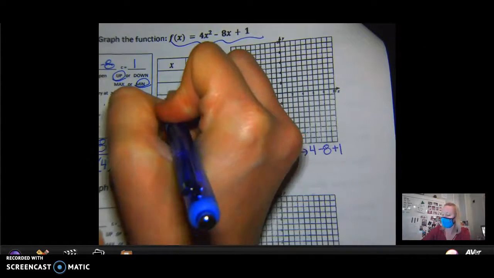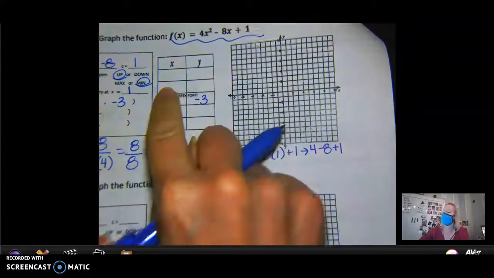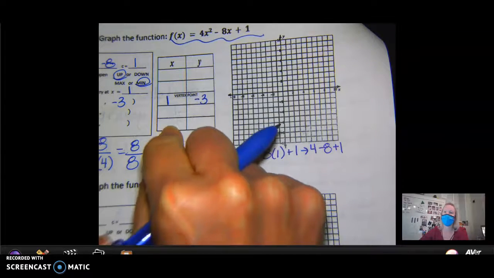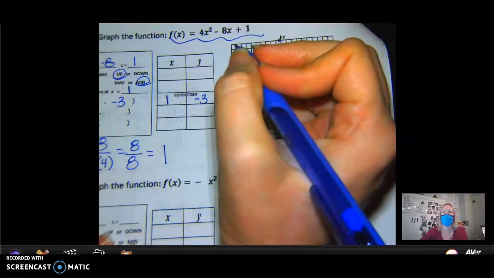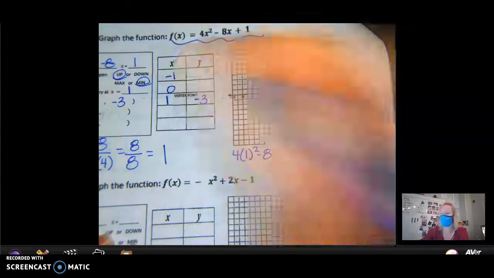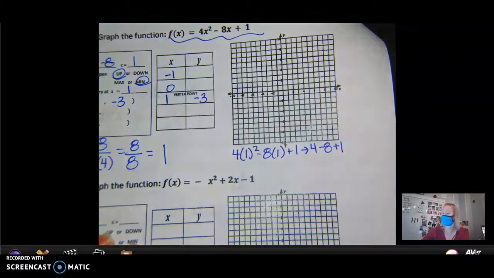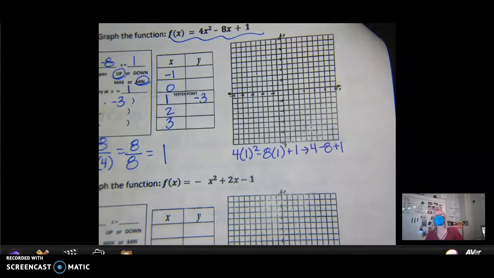Remember, we put that in the table in the middle spot. And then we did 2 numbers less than it for x and 2 numbers greater than it for x. So what's 2 numbers less than 1? 0 and -1. And 2 numbers greater than 1? 2 and 3.